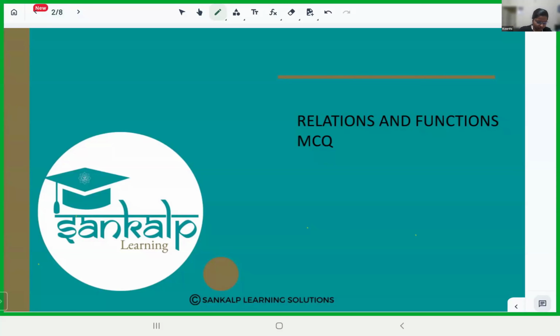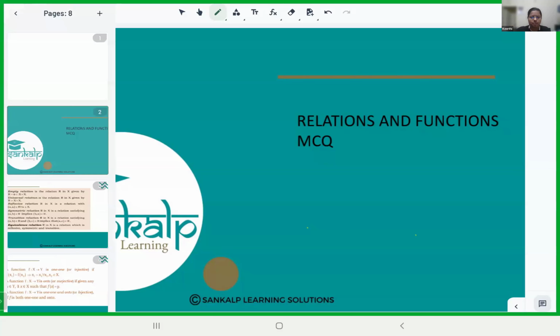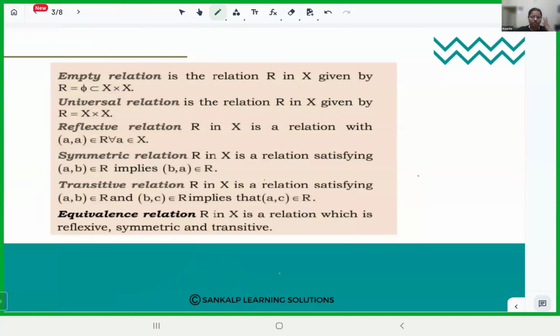what is a reflexive relation, right? First of all, we discussed what an empty relation is, and we know about what a universal relation is. An empty relation is nothing but the null set phi, which is a subset of the Cartesian product. If a relation is defined on a set X, the Cartesian product is X cross X, and a relation is always a subset of the Cartesian product.